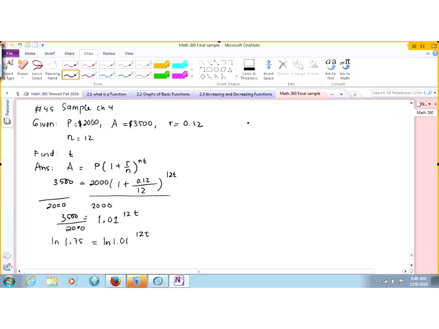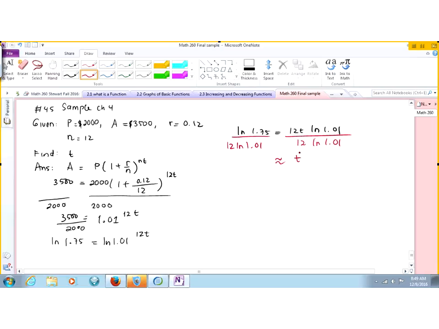So take ln of both sides, right? So ln 1.75 is equal to 12t times ln 1.01. All right. So how do I solve for t? Divide by 12 ln 1.01.